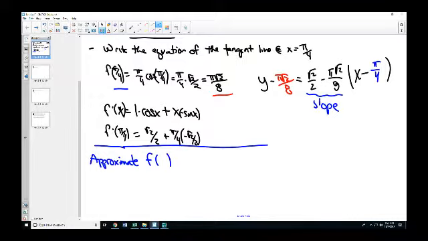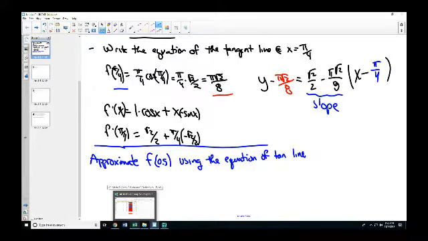Not pleasant. 0.2, using the equation of the tangent line. I found it's actually 0.78. Oh, this is pi over 4, 0.78. Okay, let's change this thing. 0.5. We'll be close.